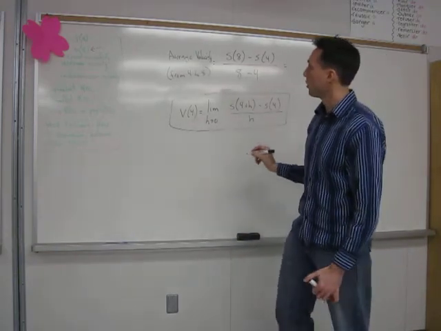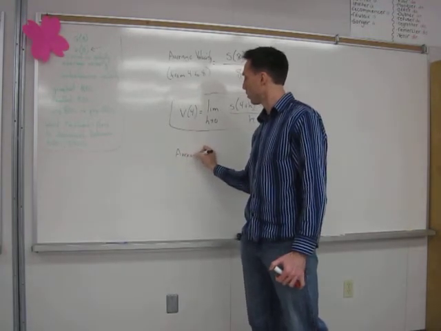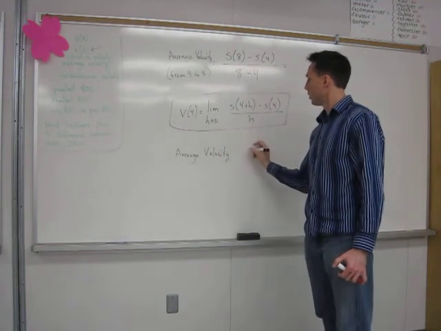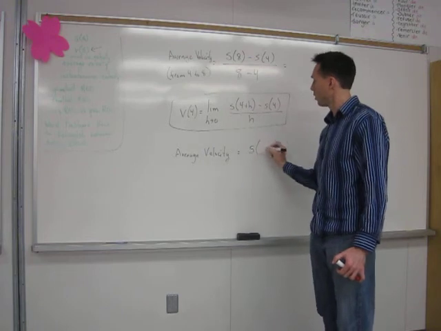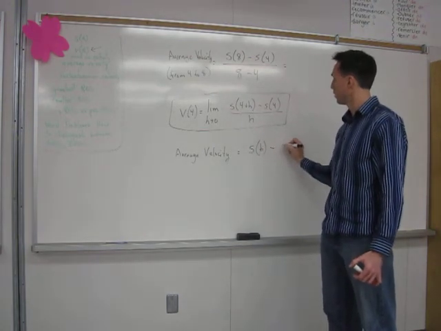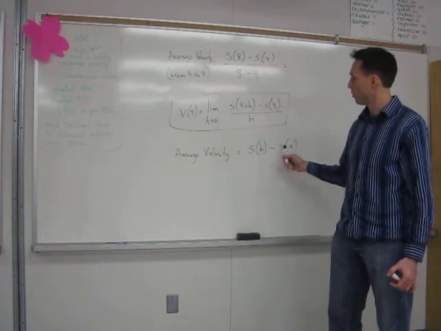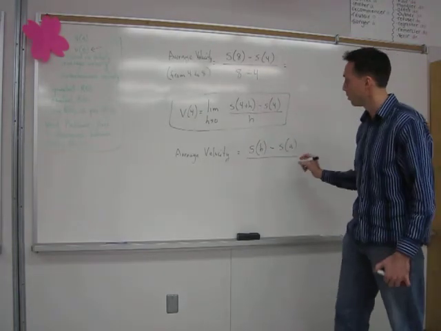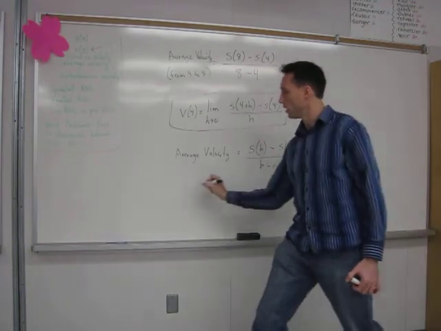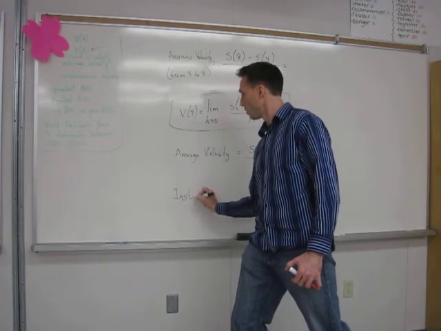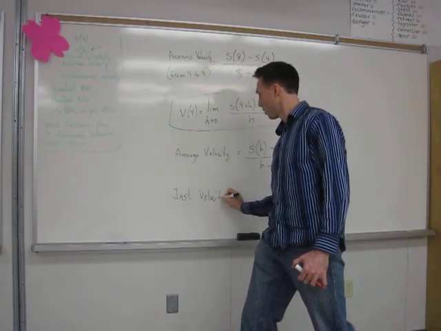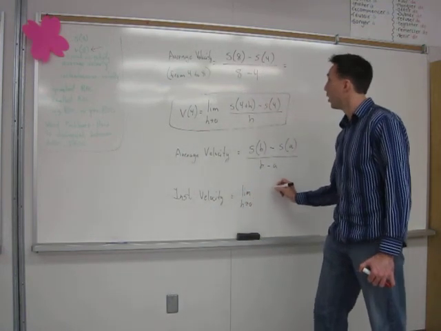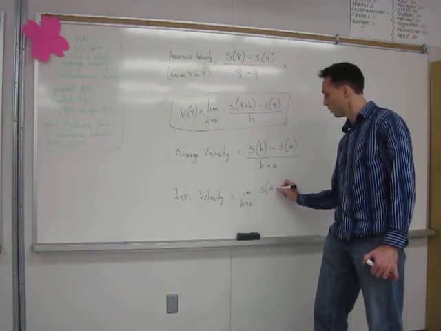So in general, the average velocity is equal to s of b minus s of a over, let's say that b and a are two spots that we've chosen and we want the average between them, over b minus a, whereas the instantaneous velocity actually equals the limit as h approaches 0 of s of a plus h.